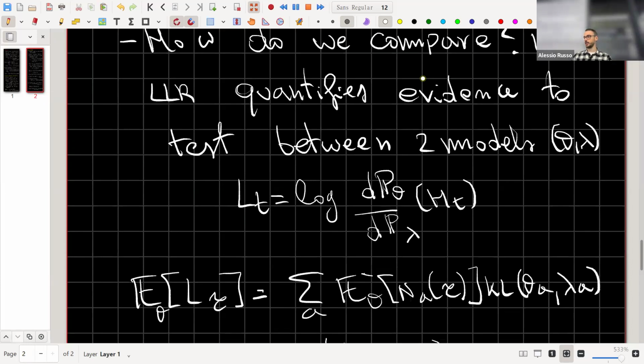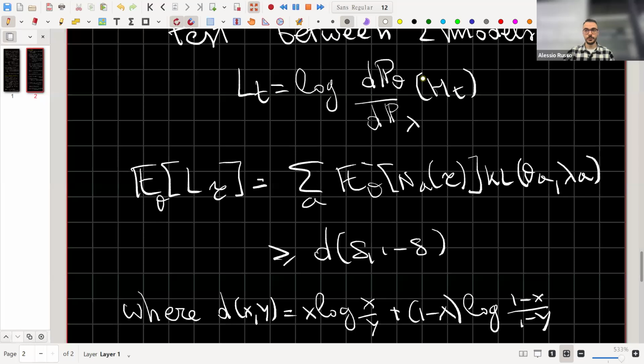It can also be defined as the logarithm of the Radon-Nikodym derivative in a formal way. The last time we saw how to derive this. But if you're not familiar with the Radon-Nikodym derivative, you have probably already seen what a likelihood is. You can think of it as a ratio of densities. In the numerator, we are computing the density of the data we have observed up to time t under the true model. And in the denominator, we are evaluating the density of the data under the alternative model.